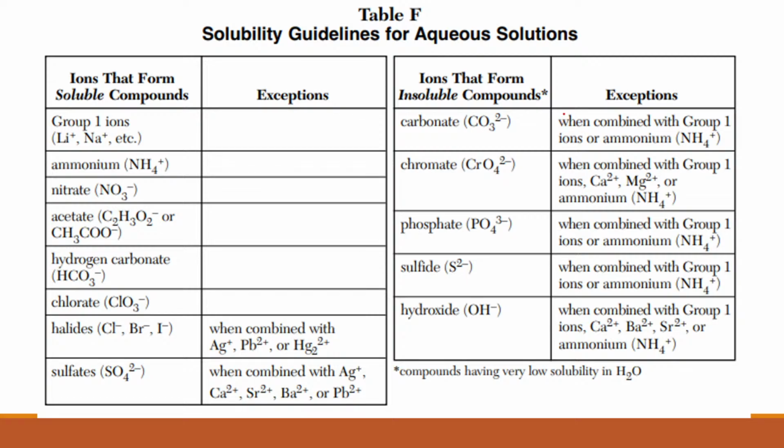Here, they all contain this chunk of text: Group 1 ions or ammonium, and those are these guys over here. Group 1 ions are your ions in the very first column of the reference table. They are always soluble with no exceptions, including these things over here. So sodium carbonate, sodium is a group 1 ion, so sodium carbonate is soluble. Barium carbonate, barium's in group 2, so barium carbonate is not soluble.